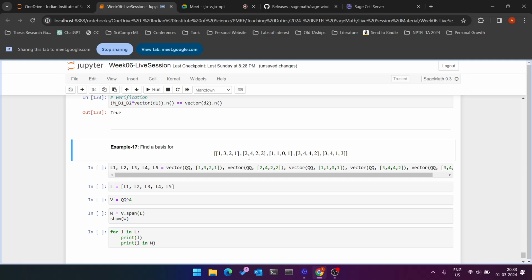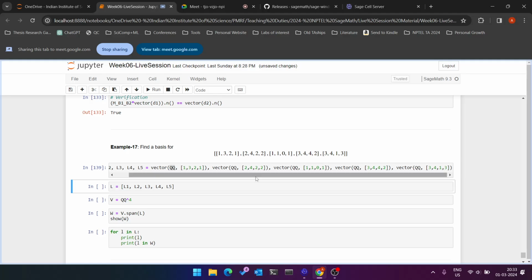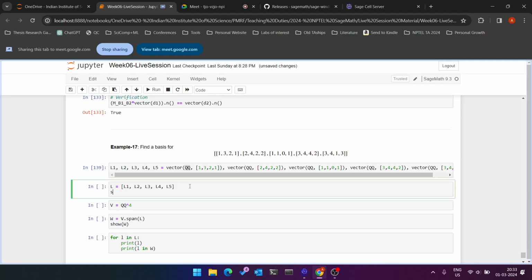So we have to find the basis for this set, and to do so, we have five vectors L1 to L5 belonging to QQ and having four entries each, defined above. Now I define, from these five vectors L1 to L5, the set L containing L1, 2, 3, 4, and 5.